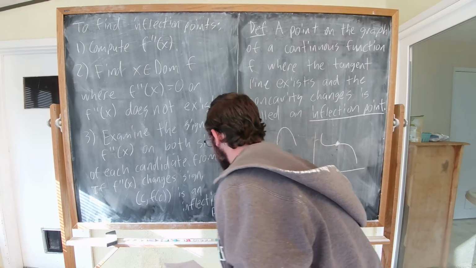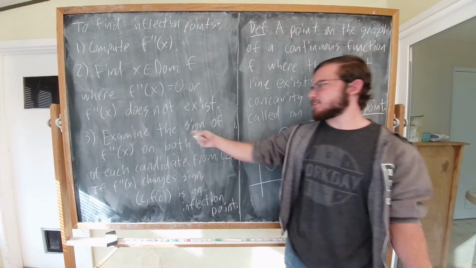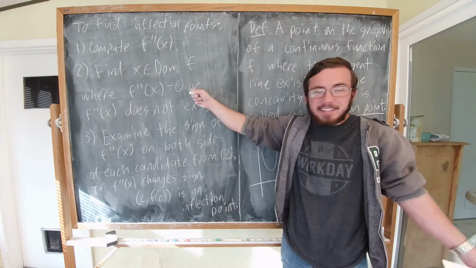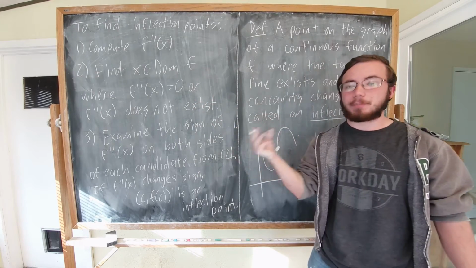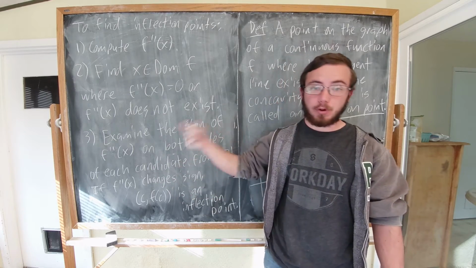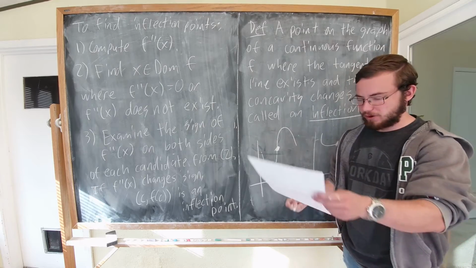And you're like, hey, where the heck did that c come from? c was just the number you got in 2. So you're going to test each of those points looking on both sides of it. If the second derivative changes sign as you move across it, then the point is an inflection point.